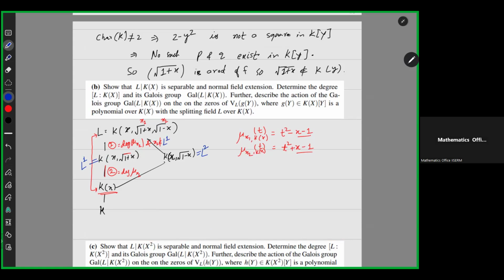So this is why we have L over k a 4-degree extension. Total we have L over k a 4-degree extension. And now we want to check what is the automorphism group of L over k.